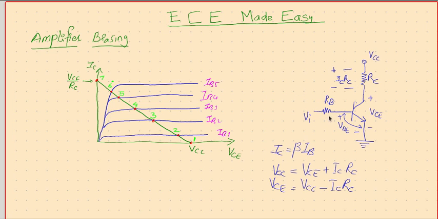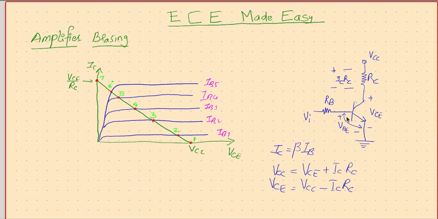The foundations, let me revise. So, this is our common emitter amplifier, and for a common emitter amplifier to work, yes, we need the emitter base junction to be forward biased. That means some VB should be there here.